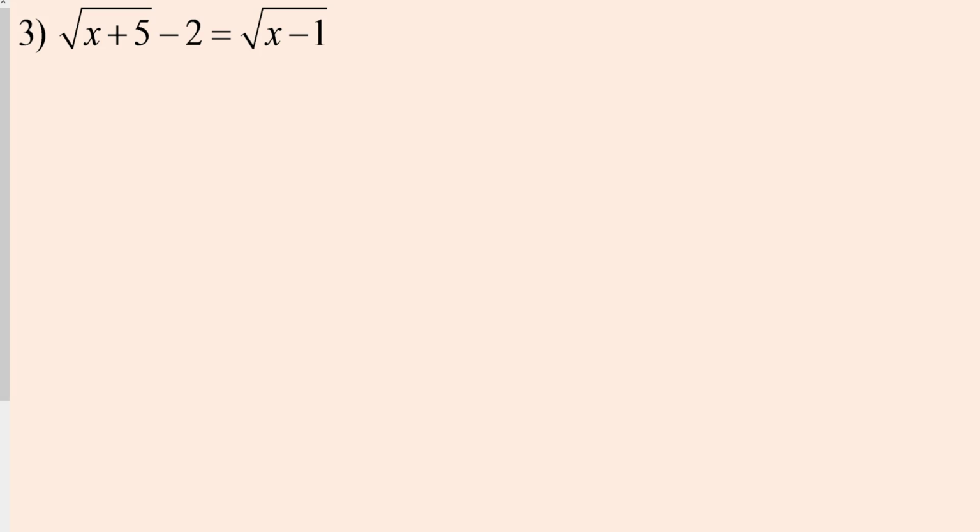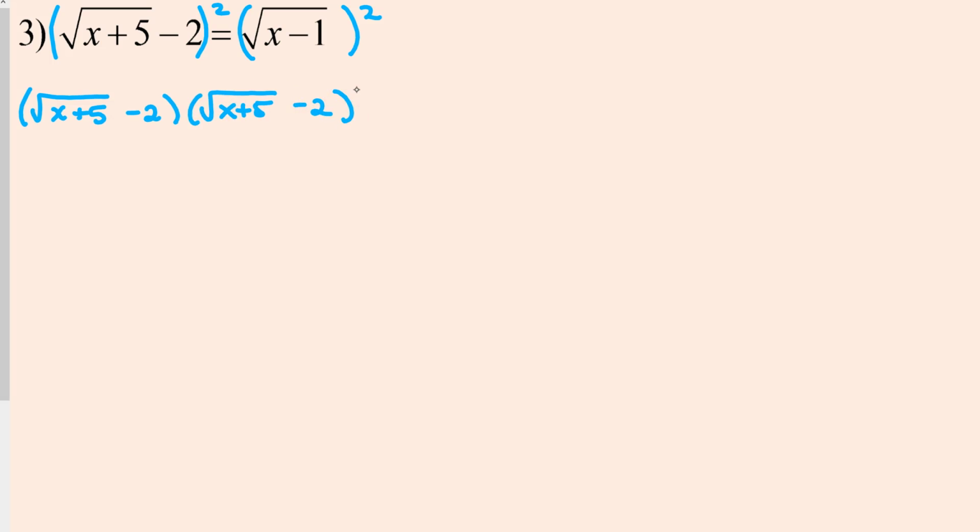What we're going to do, because we have square roots, is we're going to square both sides, but remember, you have to square the whole side, not the individual parts. So when we square the whole side on the left, it's like we're FOILing square root of x plus 5 minus 2 times square root of x plus 5 minus 2. And then on the right, the square and the square root cancel, so we just have x minus 1.